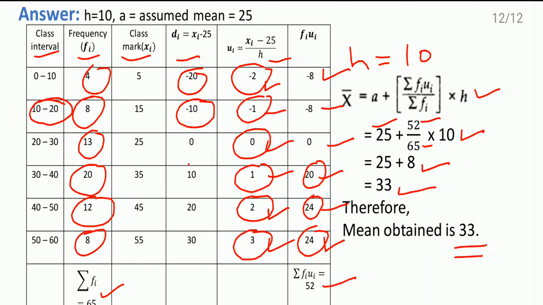That's the reason we have evolved the assumed mean method from the direct method, and the step deviation method from the assumed mean method, right? I hope all of you understood what the mean is and how to find the mean for ungrouped data and grouped data. Thank you.